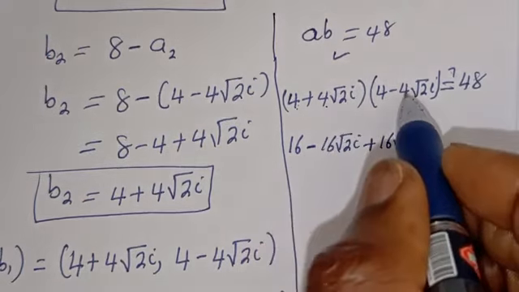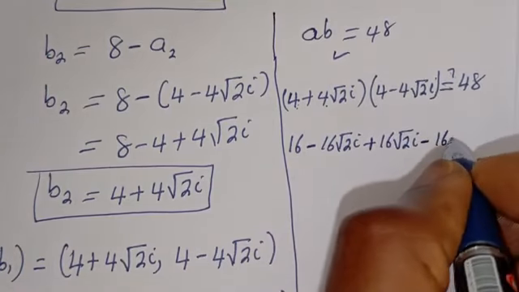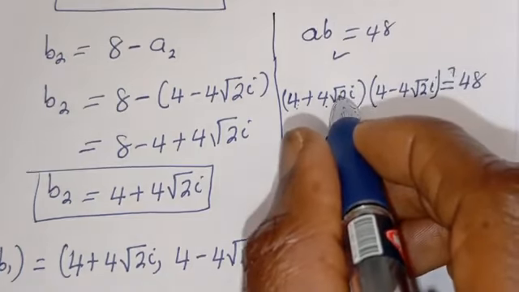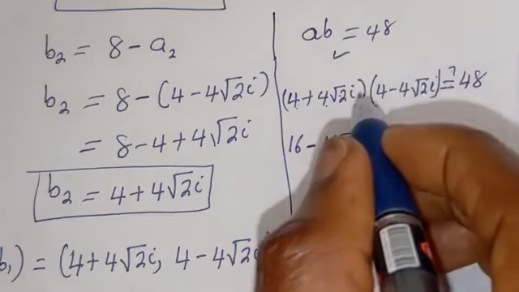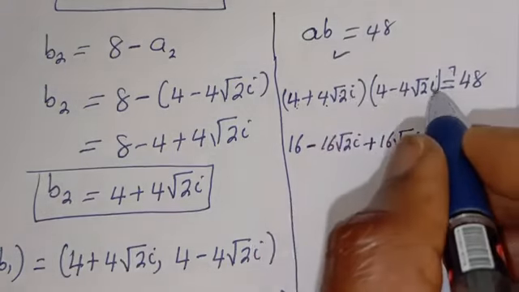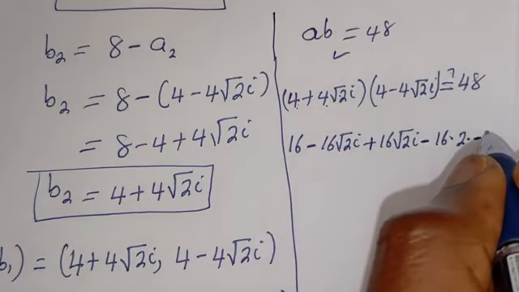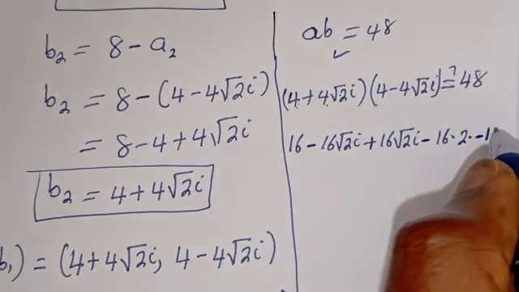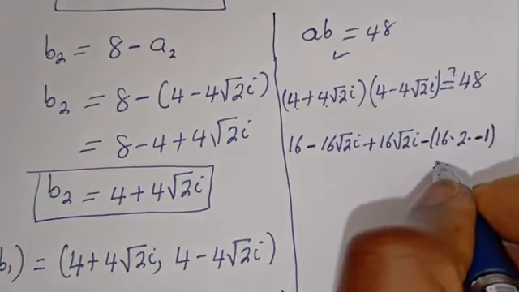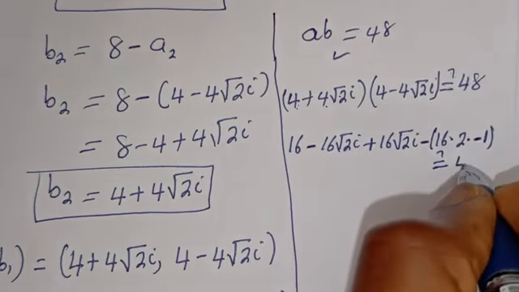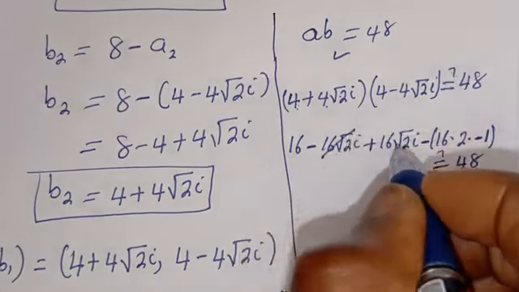Then we have 4 times 4, this is minus 16 multiplied by root 2 multiplied by root 2, that is 2. Then I times I, that is I square, which is minus 1 multiplied by minus 1. Everything must be equal to 48. Now, this will cancel this.